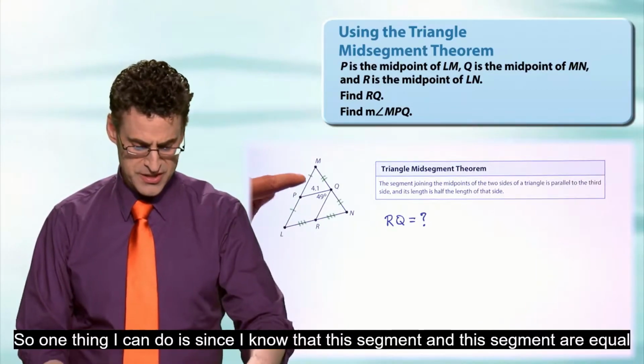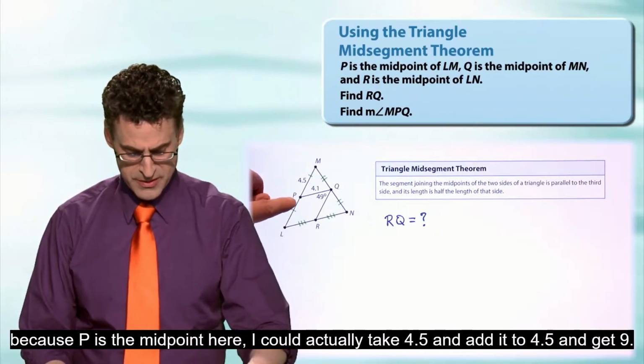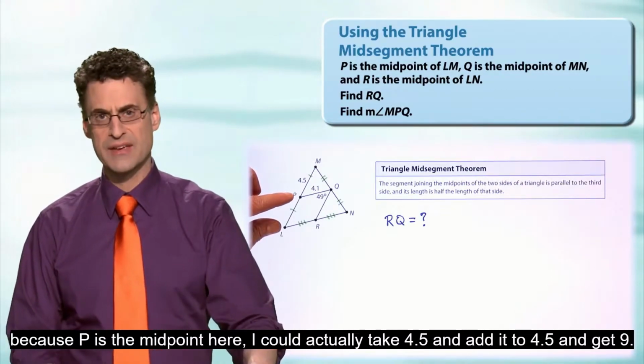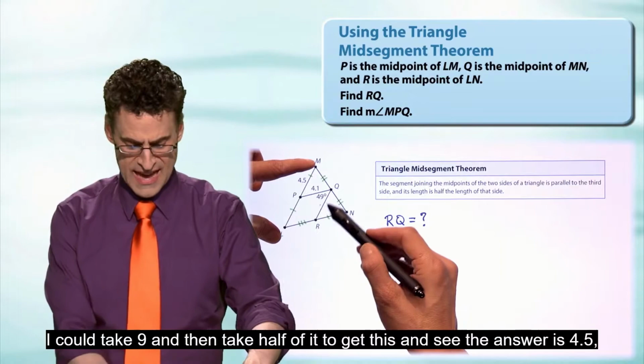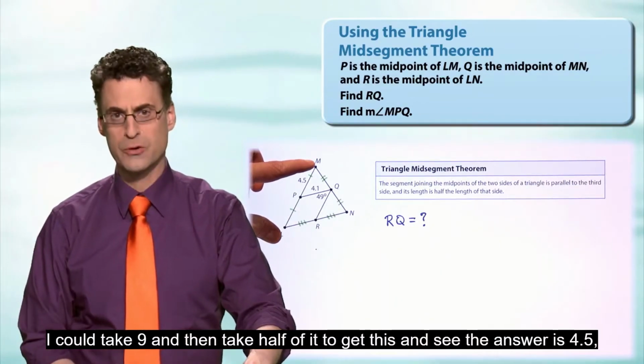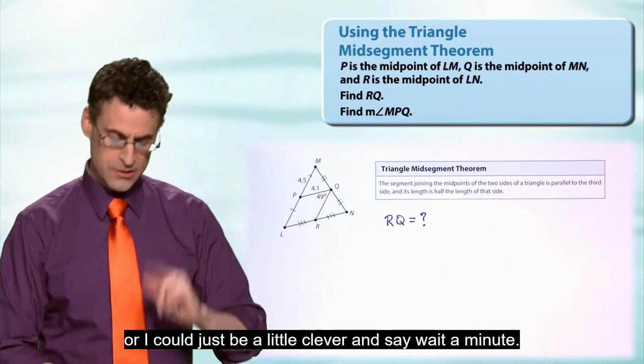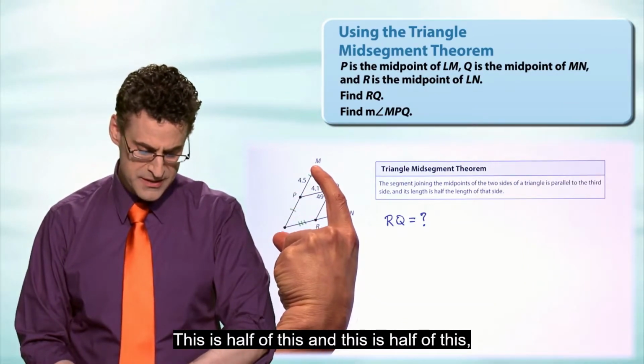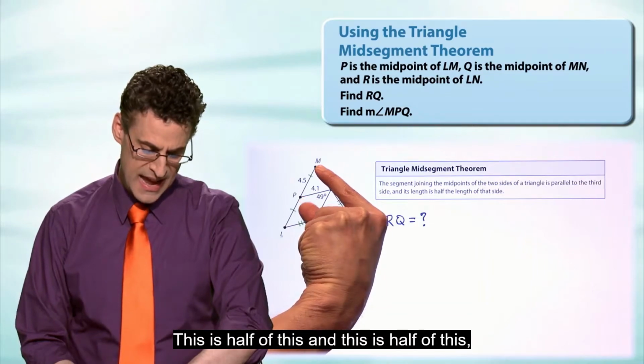So one thing I can do, since I know that this segment and this segment are equal because P is the midpoint here, I could actually take 4.5 and add it to 4.5 and get 9. I could take 9 and then take half of it to get this and see the answer is 4.5. Or I could just be a little clever and say, wait a minute, this is half of this, and this is half of this.